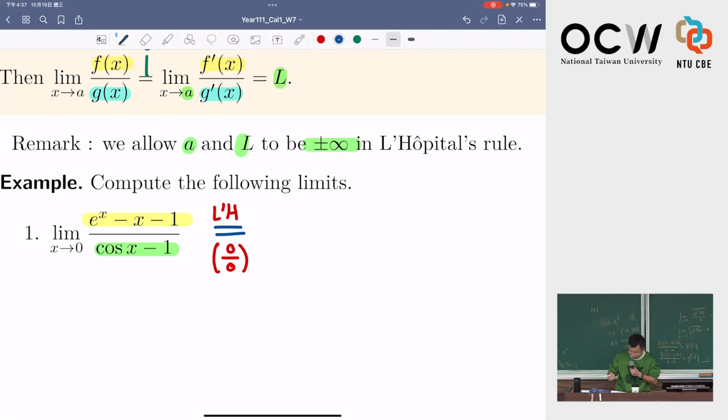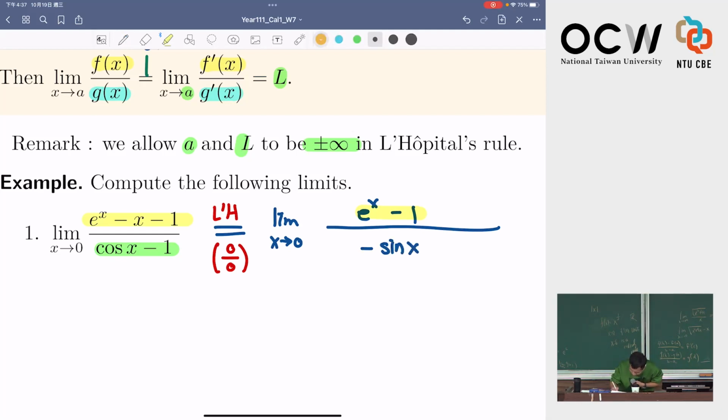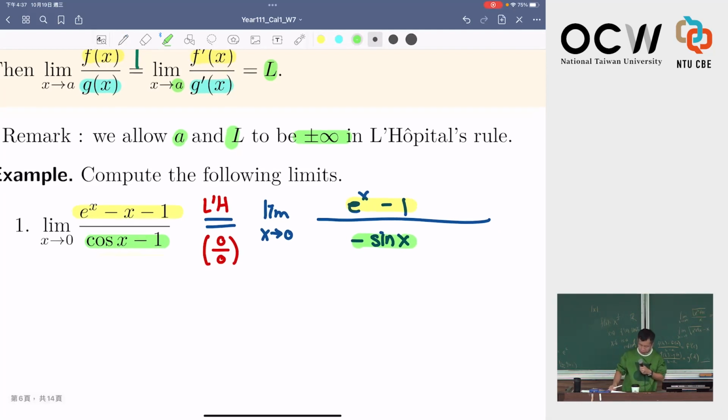Now, L'Hopital as a verb is a word that I invented myself; it's not an actual word. If you apply L'Hopital, that means you differentiate both the numerator and the denominator. When you differentiate the numerator, you get e to the x. The denominator, when you differentiate, you get minus sine x.